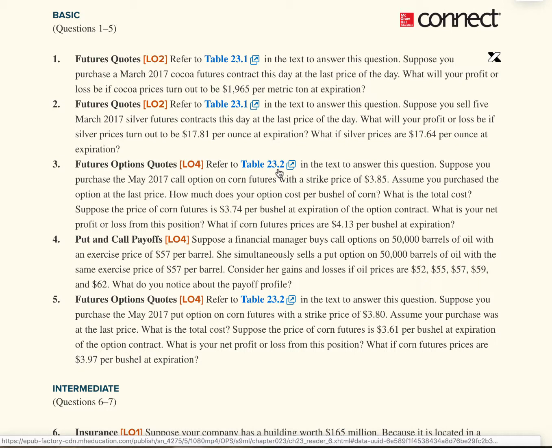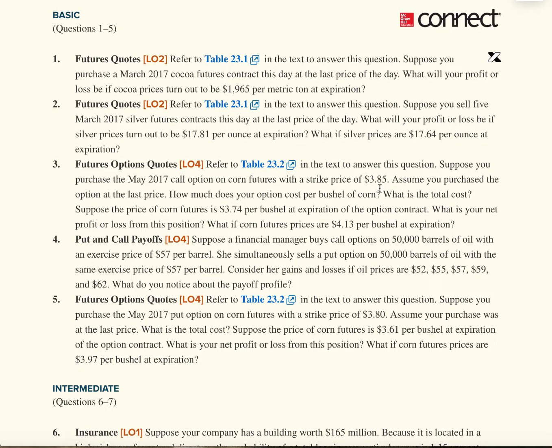So let's just look at number 3. It says we have a futures options quote. We need to refer to table 23-2. Remember, that's our sample CME Group futures option price quotations. They tell us that we want to purchase a call option on corn futures with a strike price of $3.85.